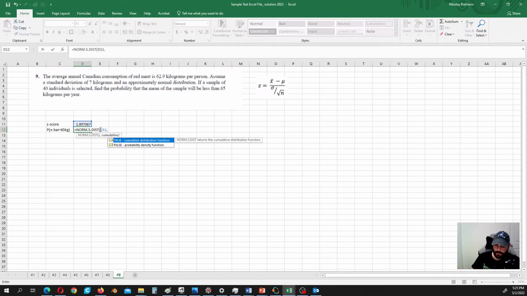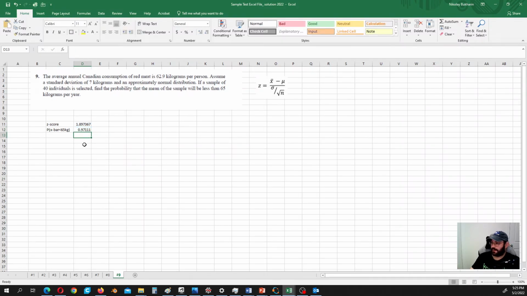So we can just apply the cumulative option, and this is going to be our answer. Okay, that's it. Again, something similar to this problem is going to be on the midterm exam, where you need to apply the central limit theorem.